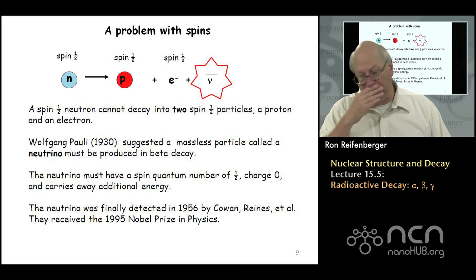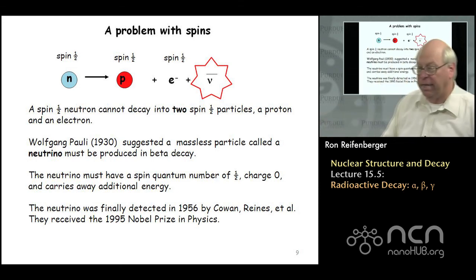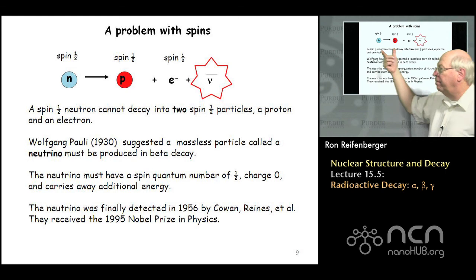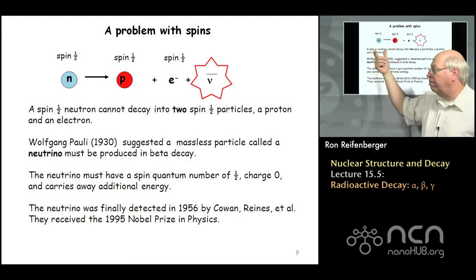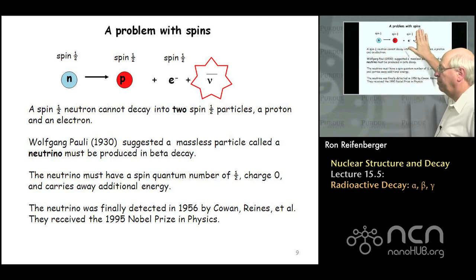There's a problem with this reaction that I just want to mention to be complete. You don't measure this antineutrino. It's very hard to detect.